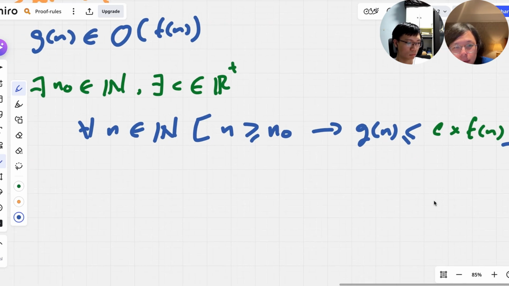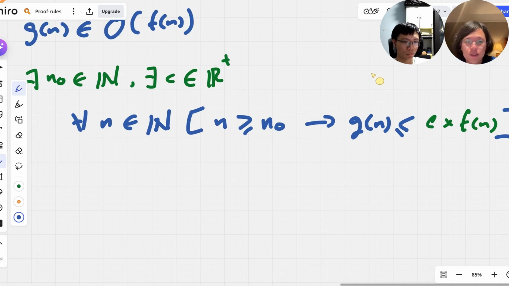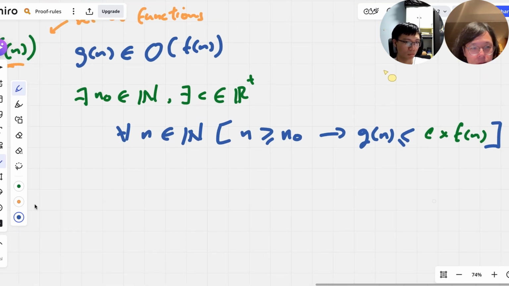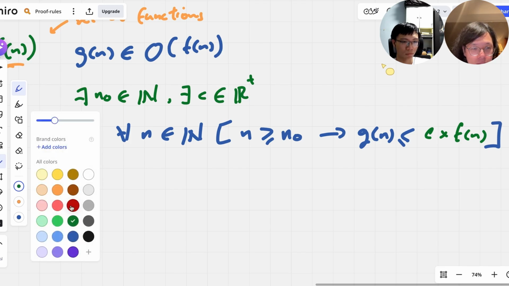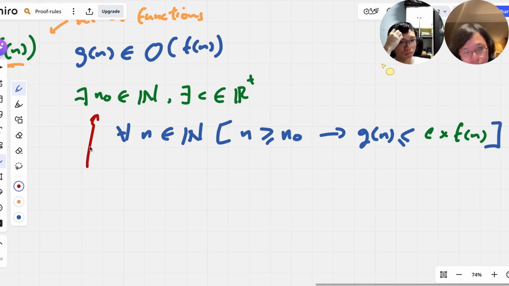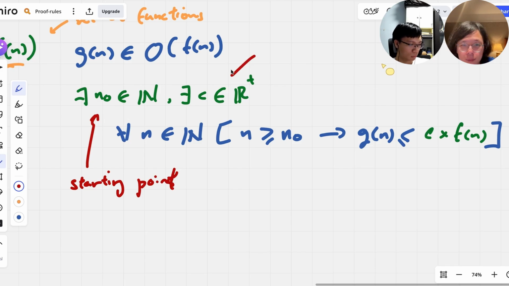Okay, so let's read this back. What is this trying to say? Here's the intuition: there exists a starting point. This n0 here is a starting point. And there exists a multiplier, so think of this as your constant factor.